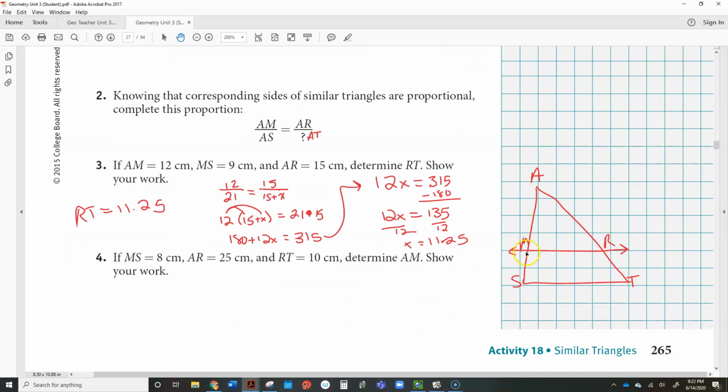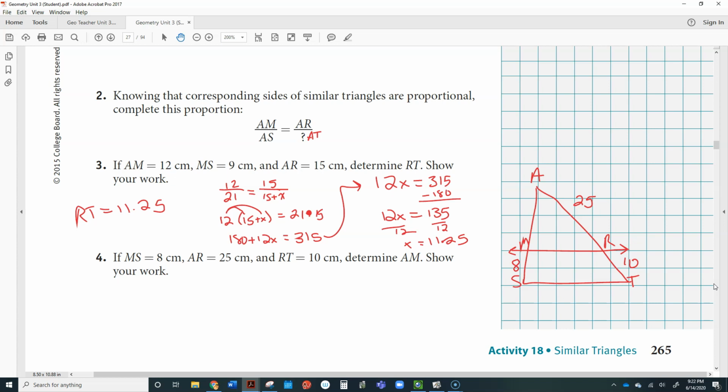Now it says MS is 8 and AR is 25 and RT is 10. Find AM. Okay, we could go through that same process.